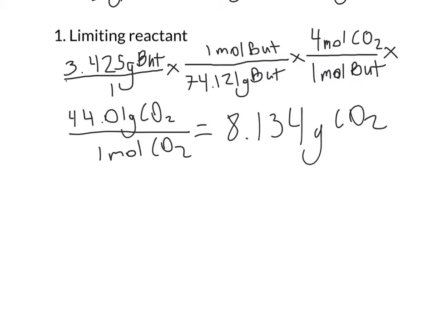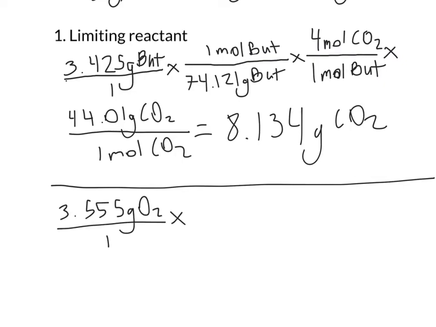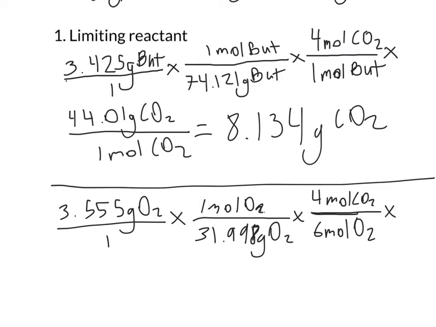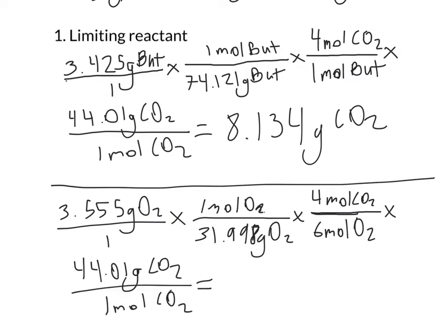And then we will do the same process for oxygen by starting with grams of O2, which we already know, converting from grams to moles of O2, and then we'll use the molar ratio of O2 to CO2, and then we will convert from moles of CO2 to grams of CO2, and we get 3.26 grams of CO2, which, because it is the smaller value, means that oxygen is our limiting reactant.